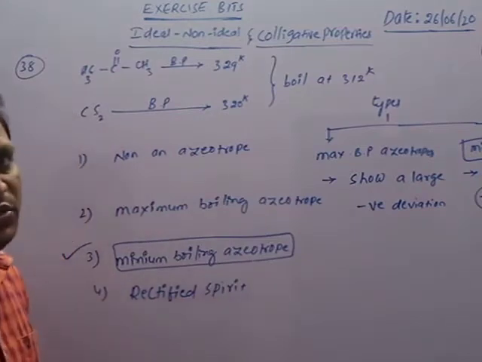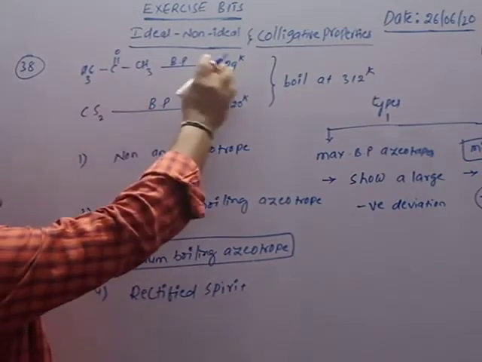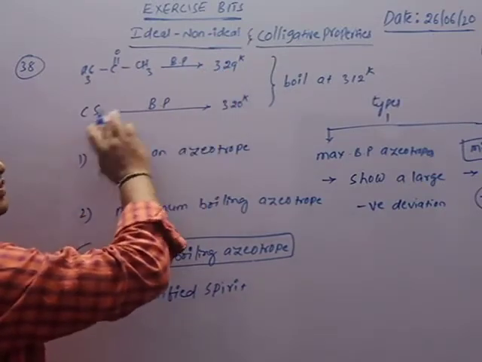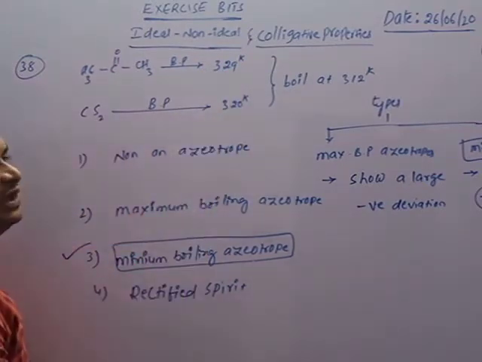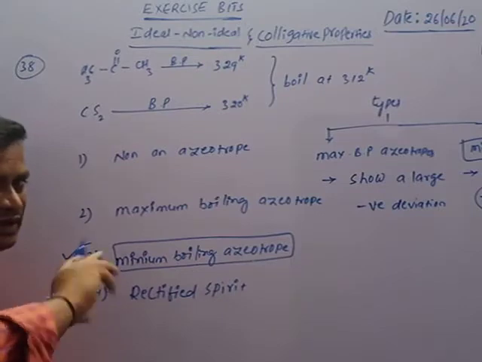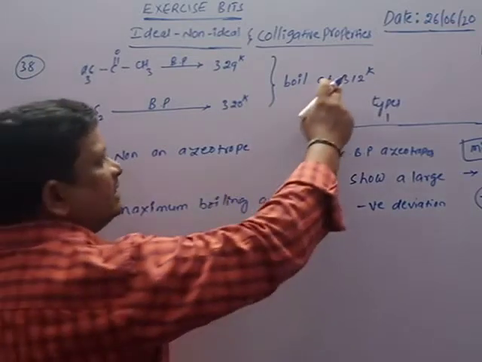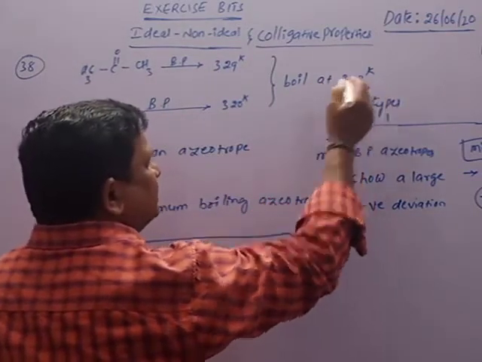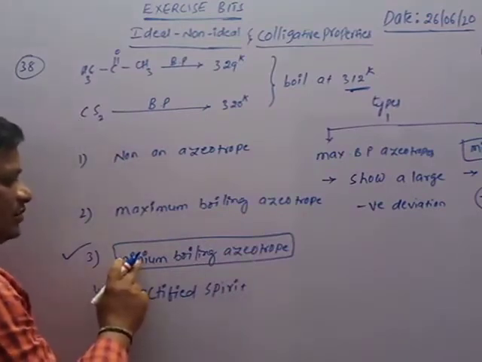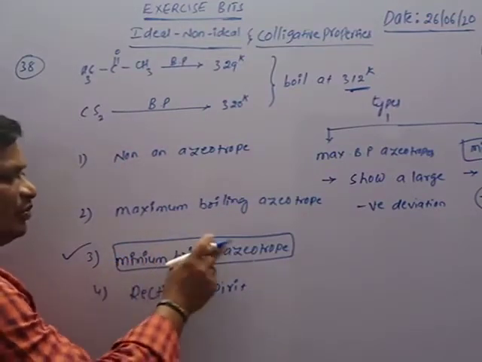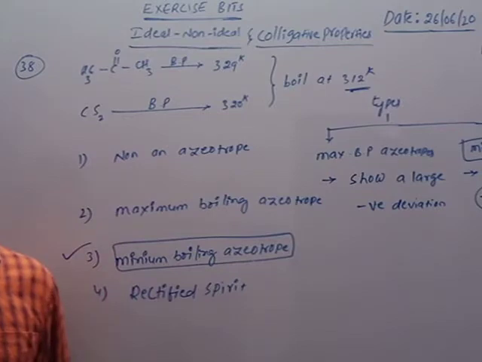Acetone's boiling point is 329 Kelvin and carbon bisulfide's is 320 Kelvin, but the mixture boils at 312 Kelvin. So there is a positive deviation, and the mixture shows a minimum boiling azeotrope.